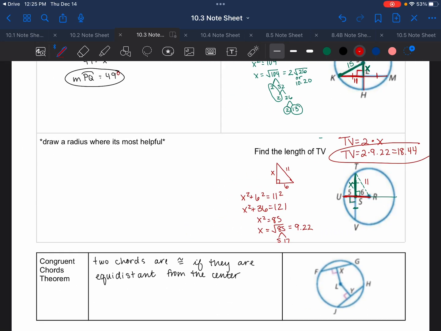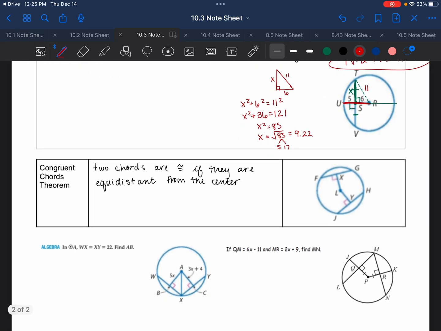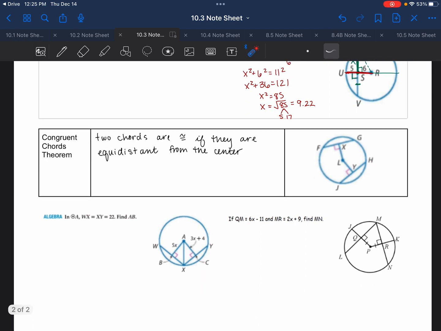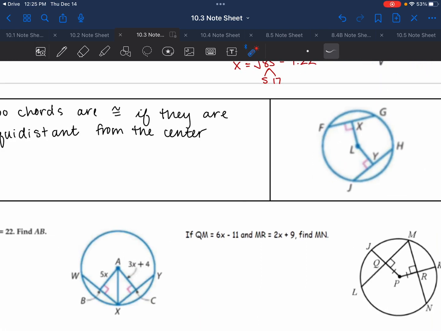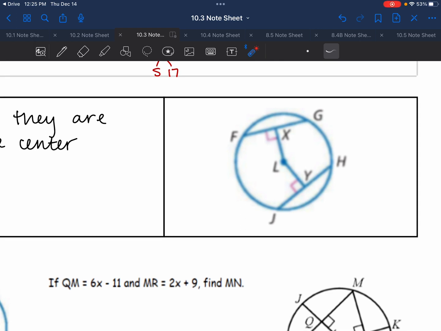All right, one last definition, congruent chords theorem. Two chords are congruent if they are equidistant from the center. So, if we look at this image, two chords are congruent. So FG and GH are congruent because these aren't marked in here, but it should be.